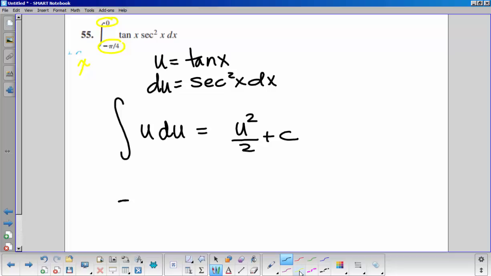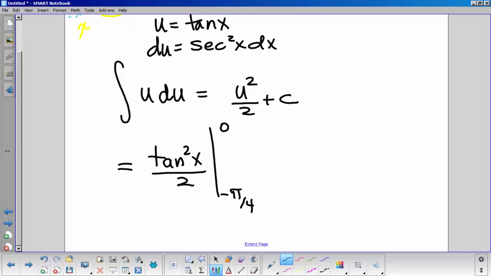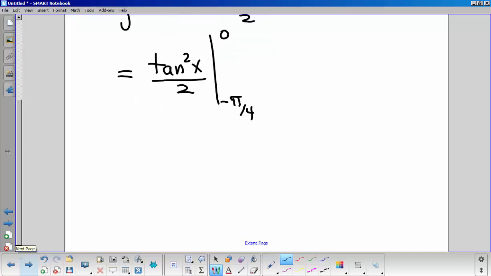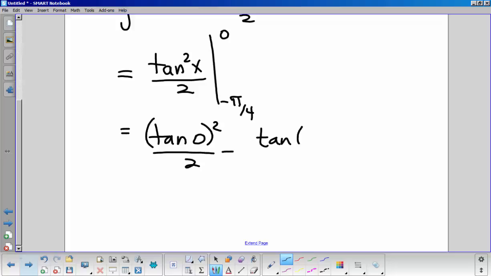So this is going to equal then, what is u? Tan squared x over 2 evaluated between, good, negative pi over 4 and 0. Alright, well, so let's plug in 0. We get the tangent of 0 quantity squared over 2 minus the tangent of negative pi over 4 over 2, and the tangent again is squared.